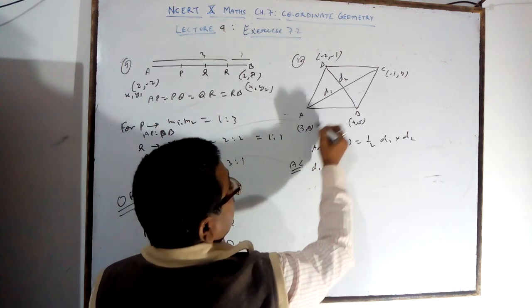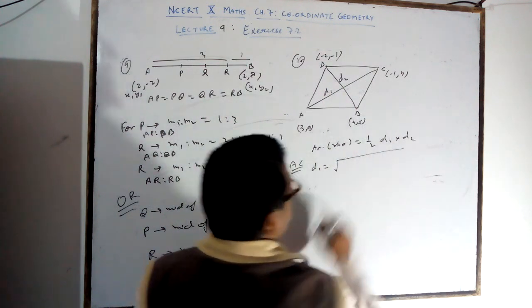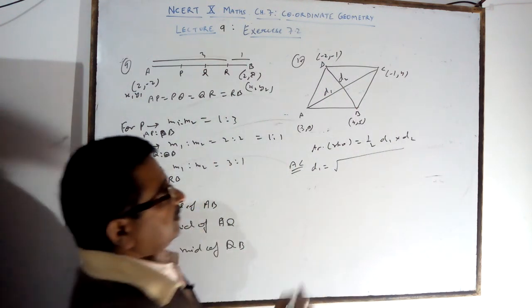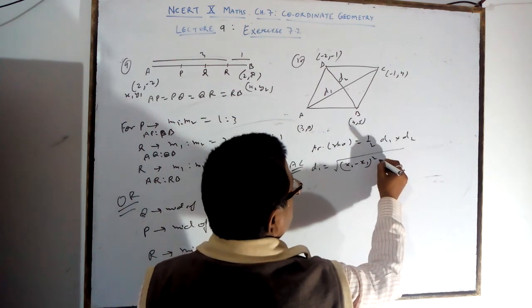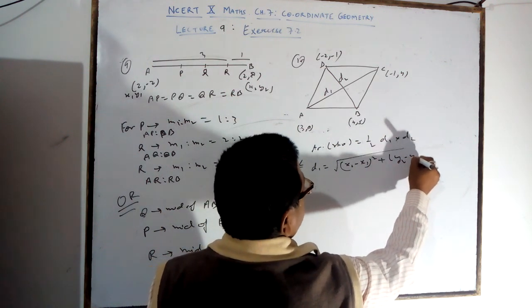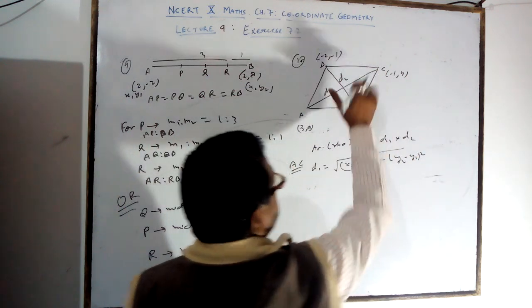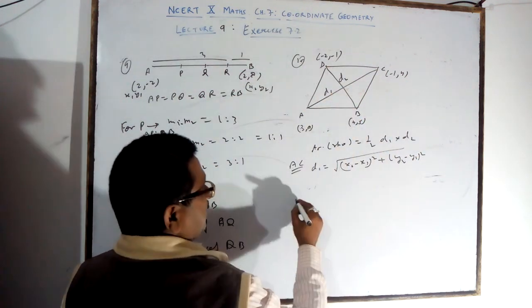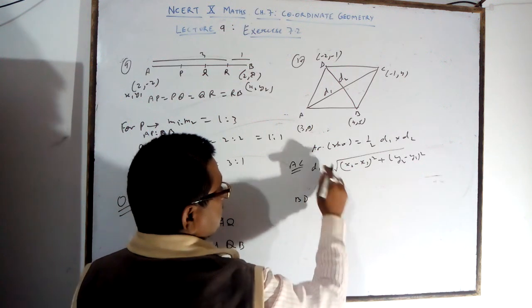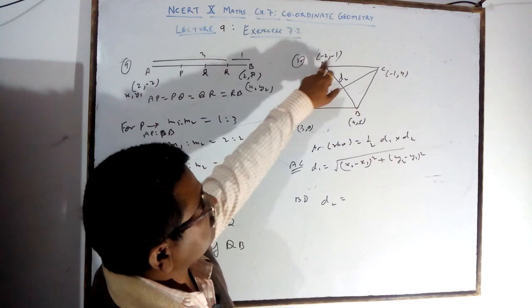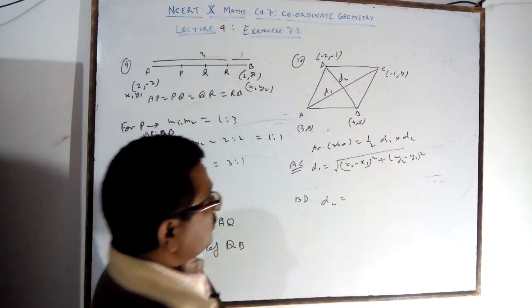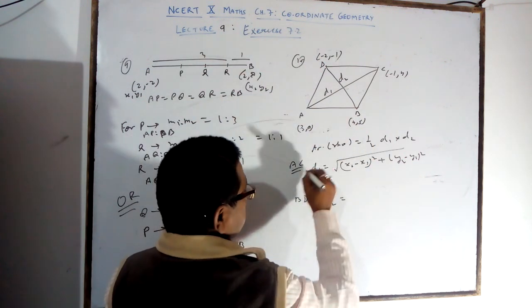A is x1 y1, C is x2 y2, and you apply the distance formula: square root of (x2 minus x1) whole square plus (y2 minus y1) whole square. Then apply the formula for BD, which is d2, with its own x1 y1 and x2 y2. Then you put these values.